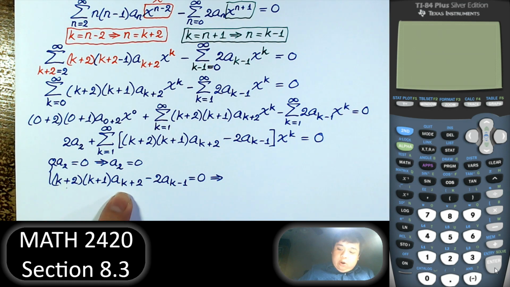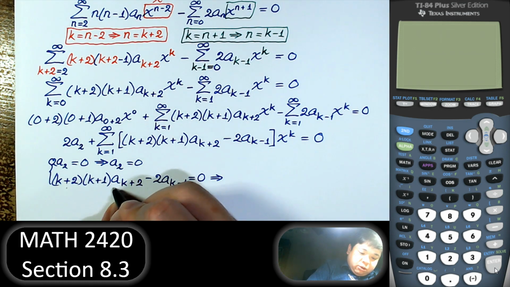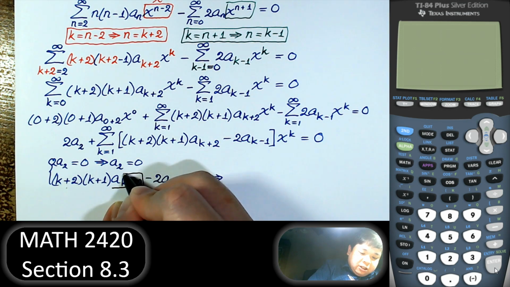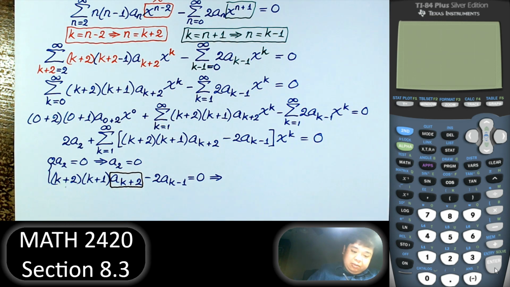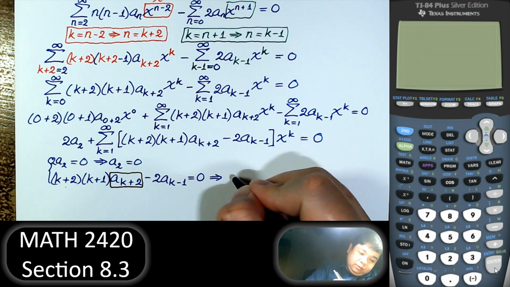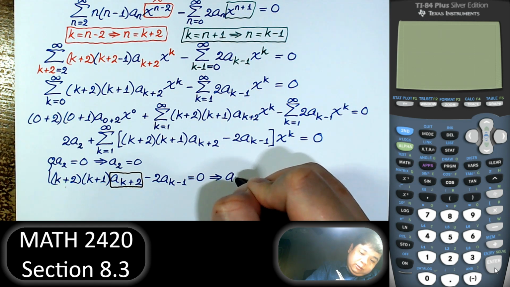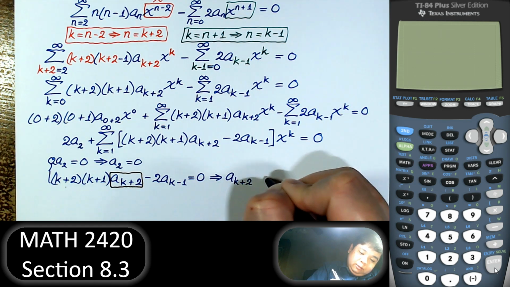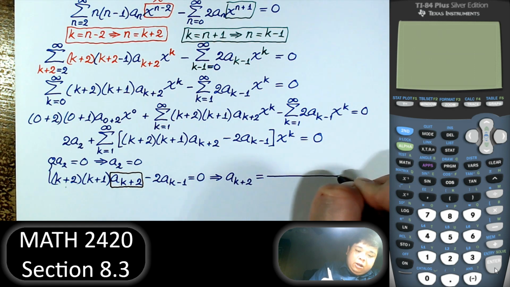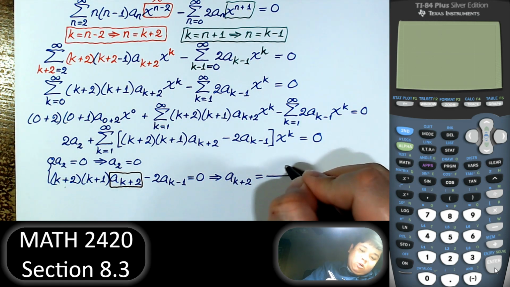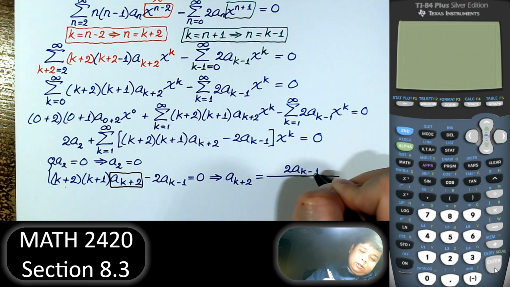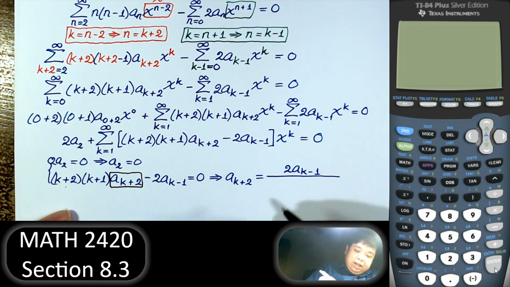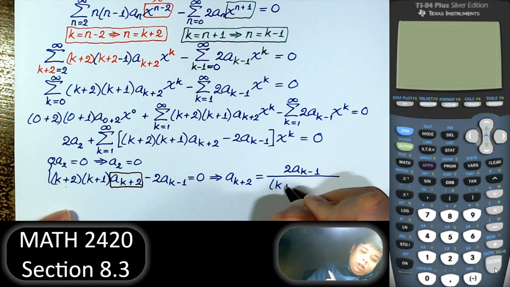Right, now if we solve for a sub k plus 2, if we focus on this, I take the 2k minus 1 to the other side, move that to the other side, it becomes positive. And then I have k plus 2, k plus 1.